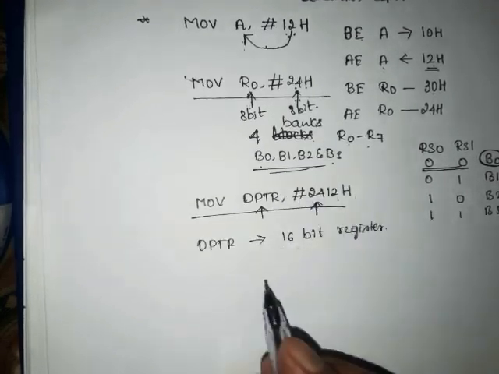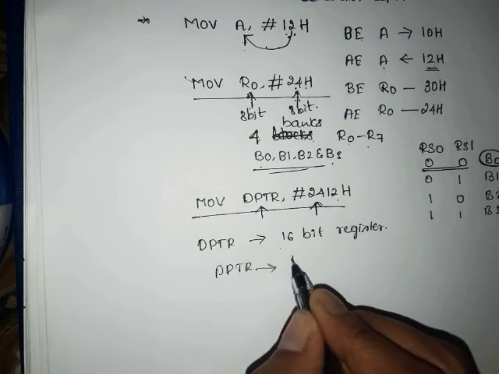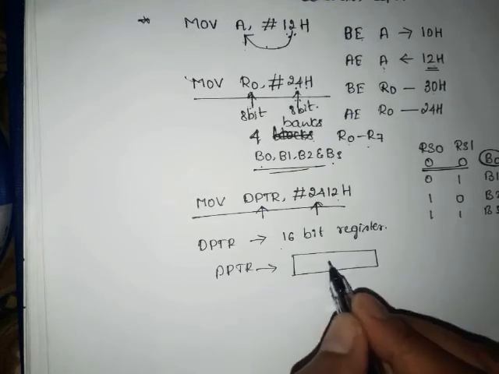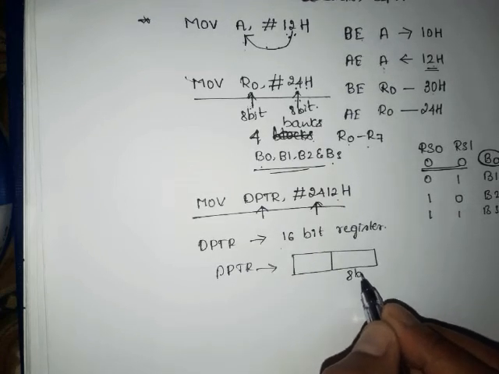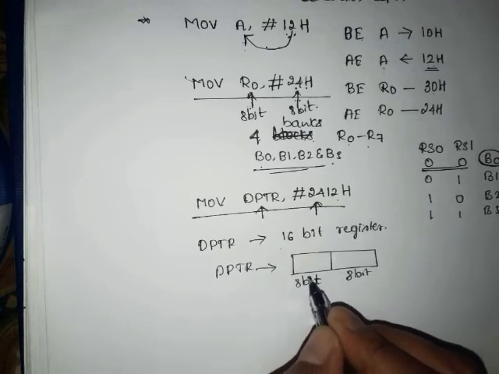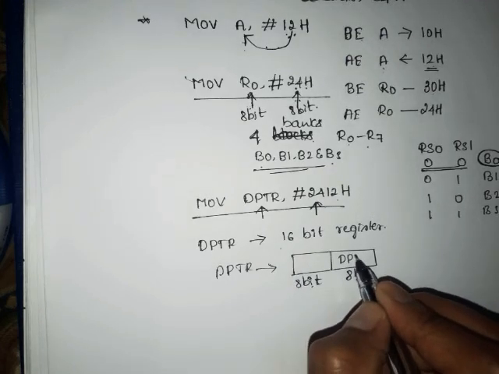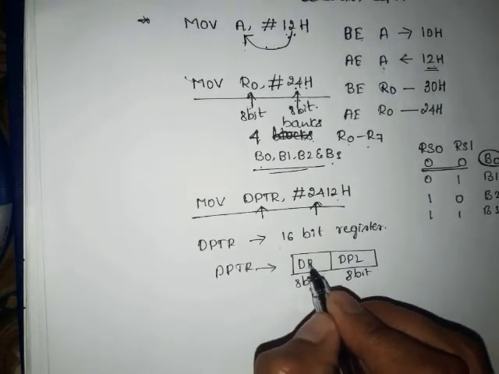As we know, DPTR is divided into 2 registers, that means lower 8-bit and higher 8-bit, lower byte and higher byte. Lower byte is DPL and higher is DPH.